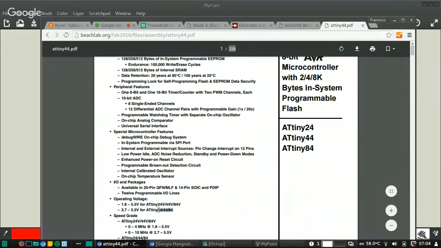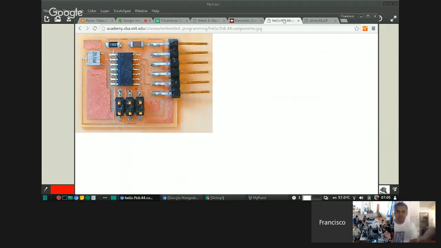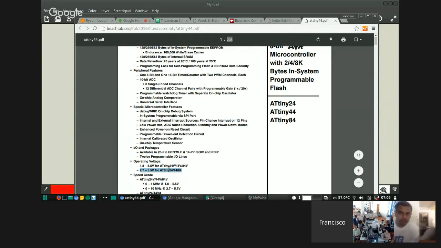This is the voltage you can hook into the ATtiny44. Because we don't have the B version, I think. We have the normal version. But you have to check with a loupe what the text written here is. If it's a V, then you can do from 1.8 to 5.5.